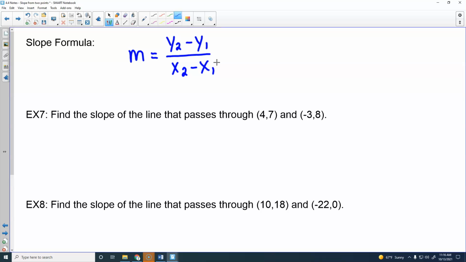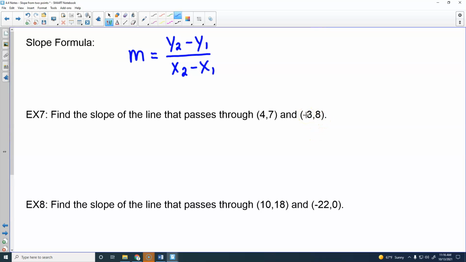This formula is very helpful because we can use it whenever we are trying to find slope but we don't want to graph something. If I look at the points that I have here, 4, 7, and negative 3, 8, I didn't provide you a graph here. I don't want you to graph it.